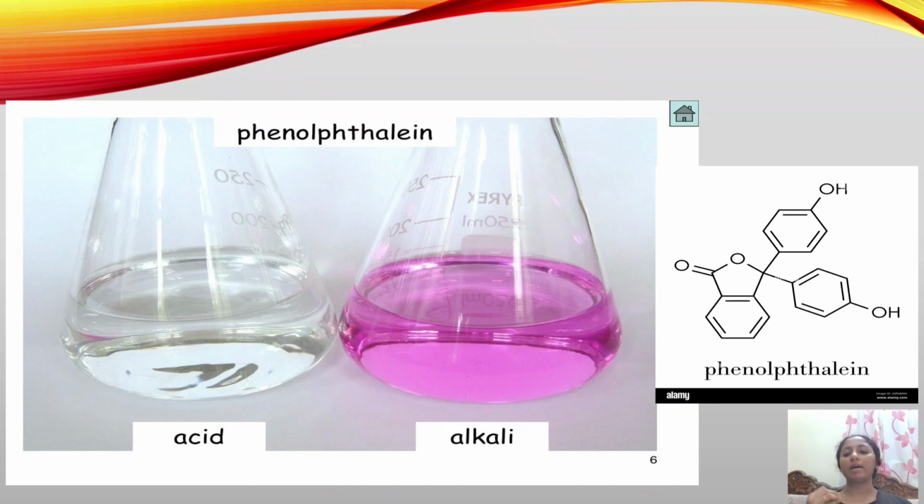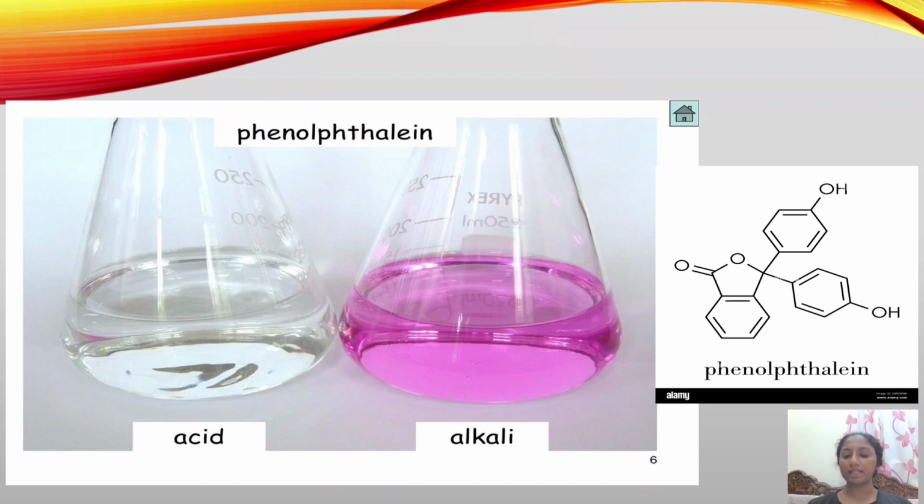So in basic medium, phenolphthalein will show which color? Pink color. In acidic medium there won't be any color with phenolphthalein. When we add 2-3 drops of phenolphthalein to the acidic solution, it won't show any color; it will be colorless.